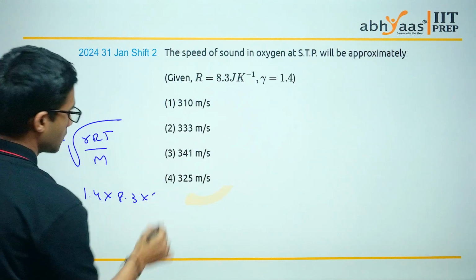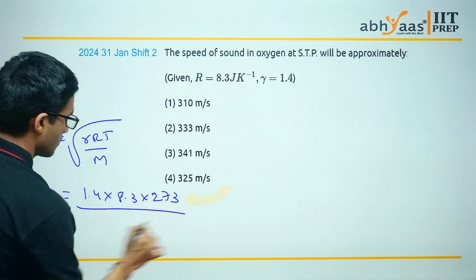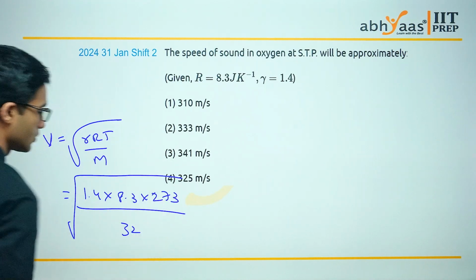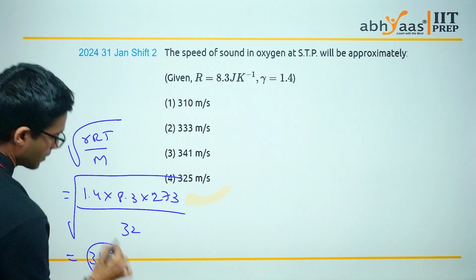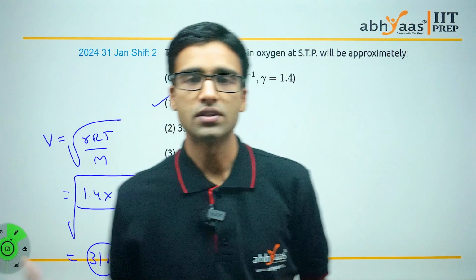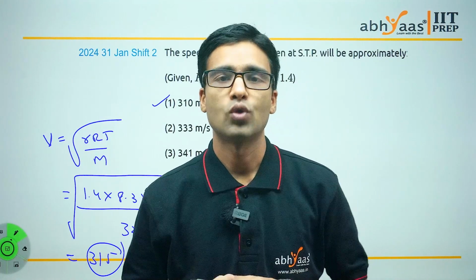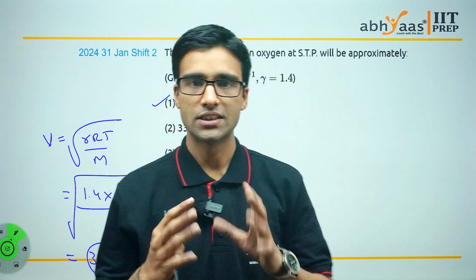What is the temperature? Okay, 273. This is not room temperature, it is STP, sorry. So that is 273. If you try to calculate, you will get around 315 like that. Nearest option is 310, so that's why I have taken this one. So this thing is based on the previous chapters, whatever you learned. So these are the 6 questions that are there in the January shift.